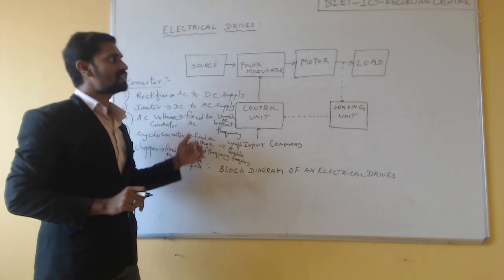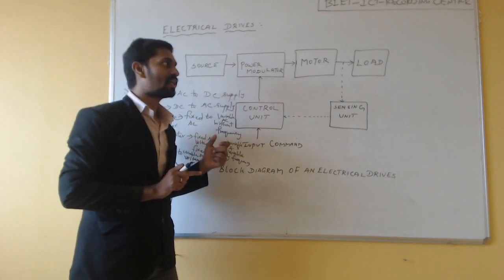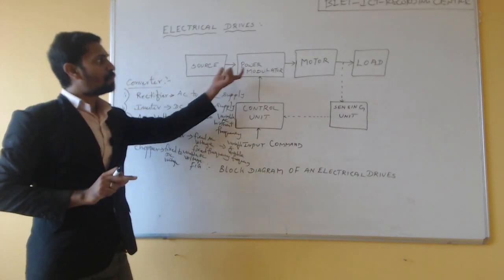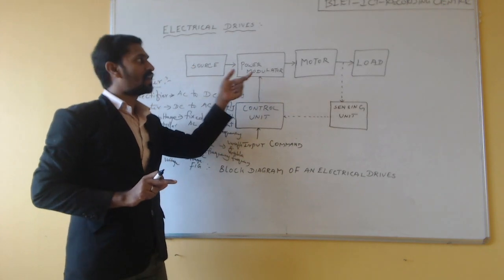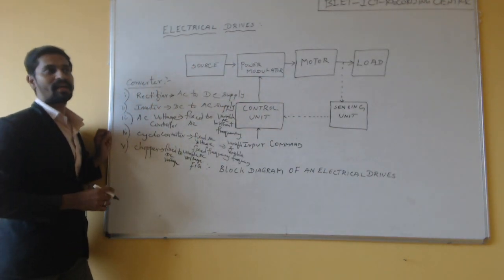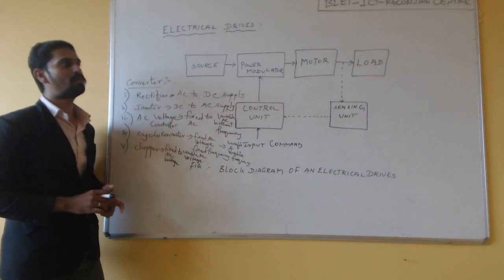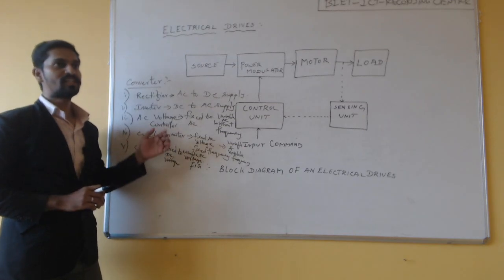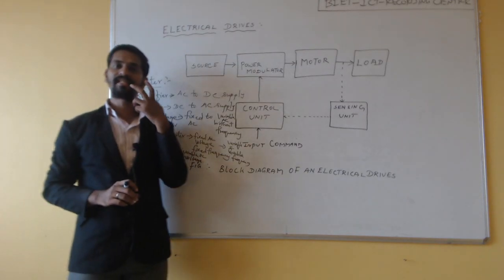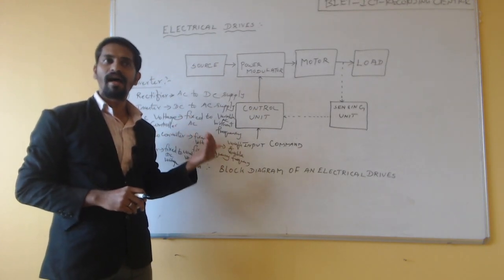The second one is that it imparts the speed torque requirement of the motor. The third point is that, based on the power modulator, the motoring operations and the braking operations can occur. So the mode of operations can be selected with the help of the power modulator. The next point is that the power modulator can be used for starting and braking applications.